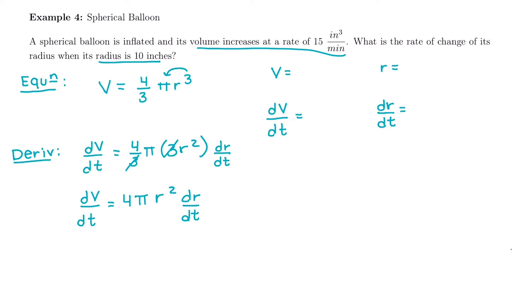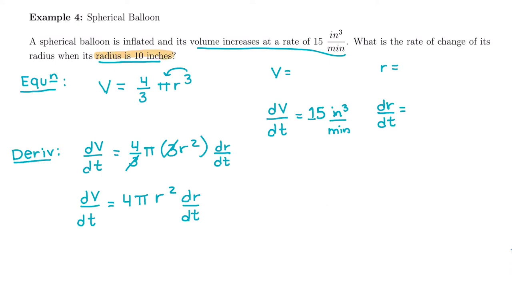So dv dt is a positive 15 inches cubed per minute. So my measurement is in inches and my time is in minutes, and that's in cubic inches per minute for the volume then.